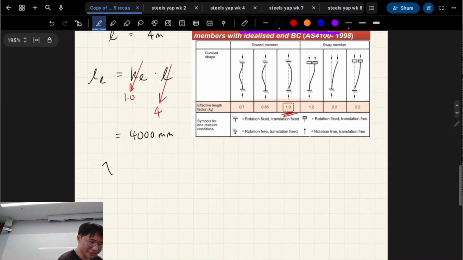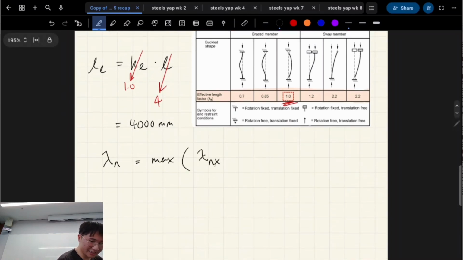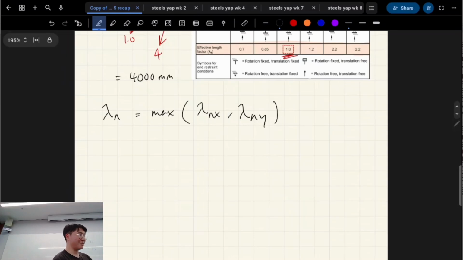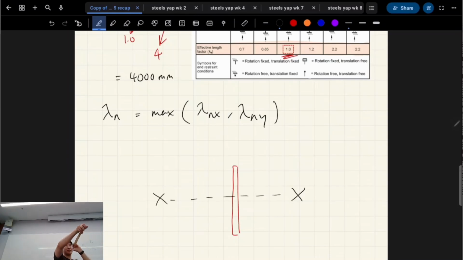Okay. Now I want you to think about something. Our slenderness is going to be governed by our slenderness in the X and the Y direction. If you know what I'm talking about, you know it, and if you don't, you don't. So essentially, focus on this rectangular wooden cross section for a second. I'm going to draw it on the screen as well. This has a very clear major and minor axis. The major axis bends this way. If I tried to bend it this way, it won't even really bend at all.